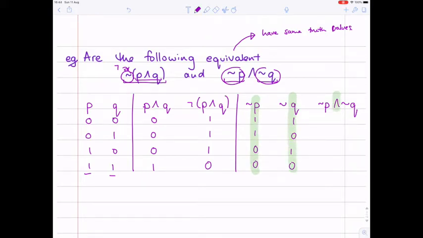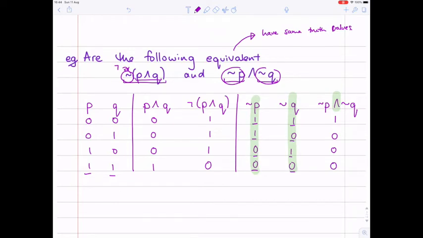If not P is 1 and not Q is 1, then combining them with and will be true. In all the other cases, we know that and, unless both things are true, is going to be false.